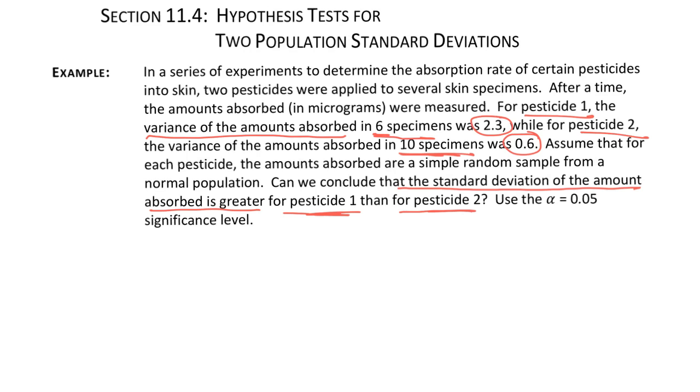So we know that we need to apply the F test. For the F test, the population should be normal. In the problem it is given to assume that for each pesticide the amounts absorbed are a simple random sample from a normal population. So the assumptions are satisfied, and we can proceed.